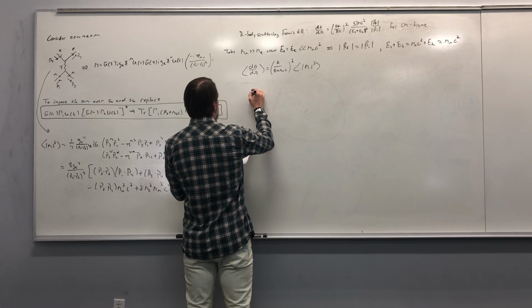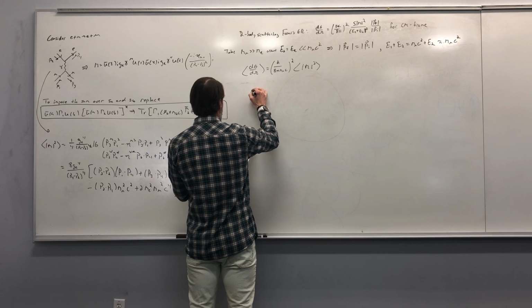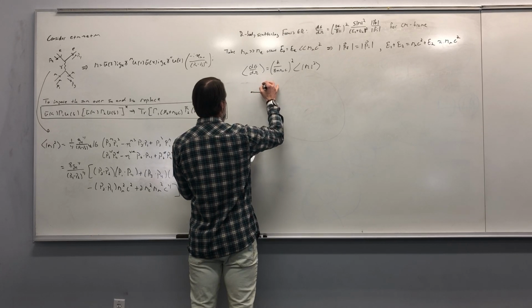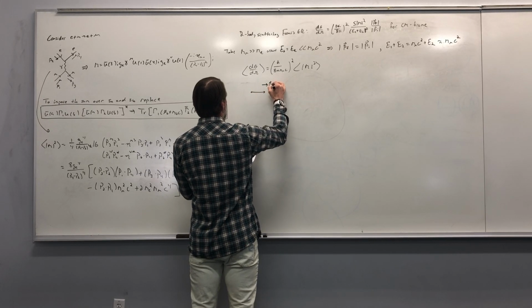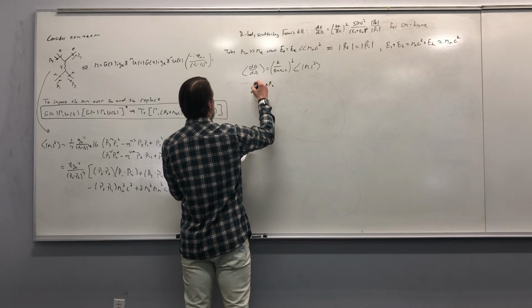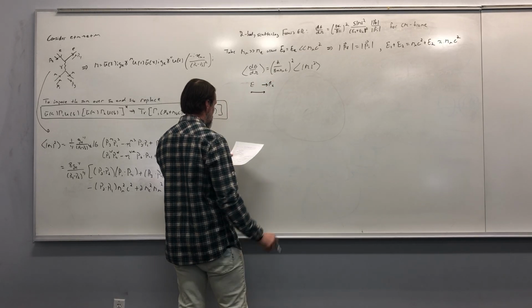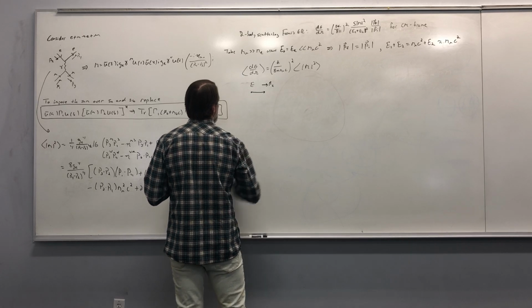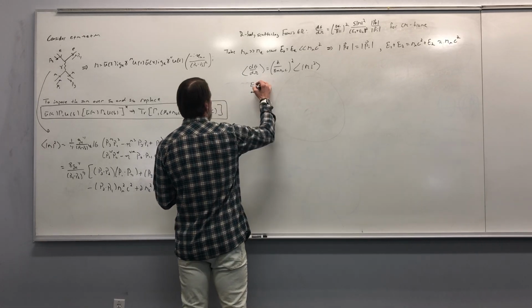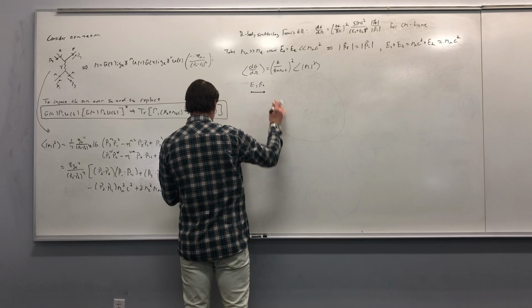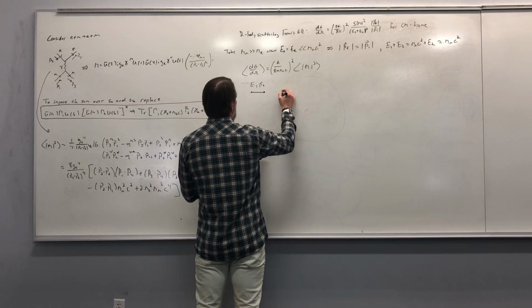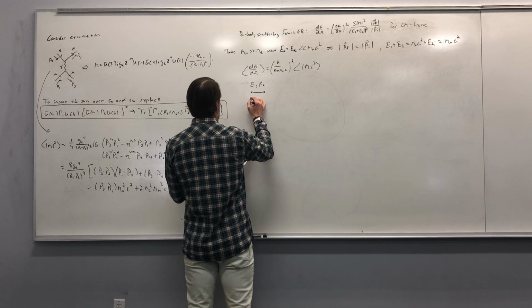We can actually assign values for the vector momenta. So I'm going to have the electron coming in with energy E and spatial momentum P2. And this is of course the electron.